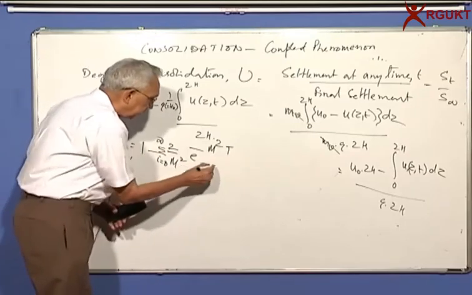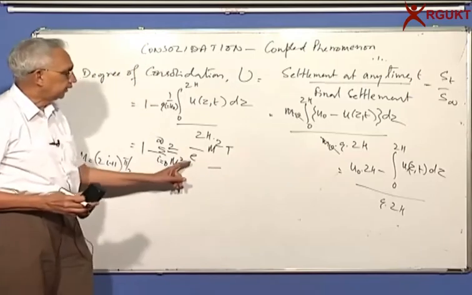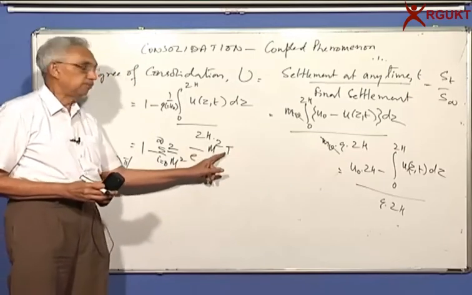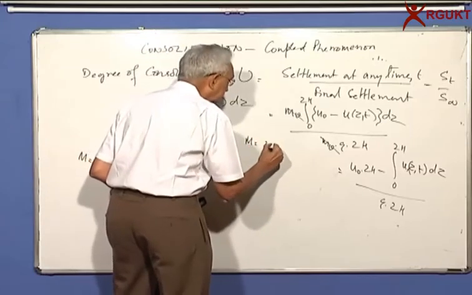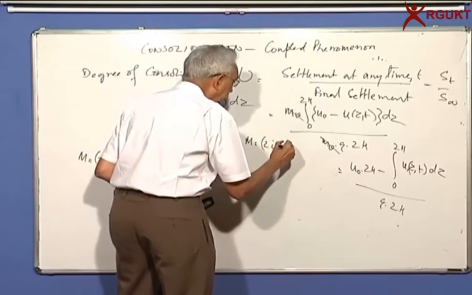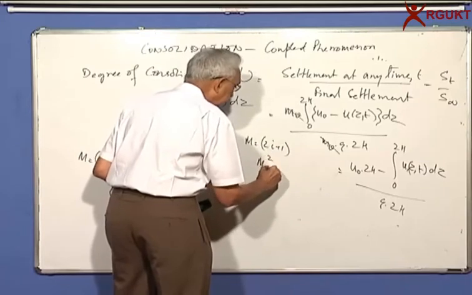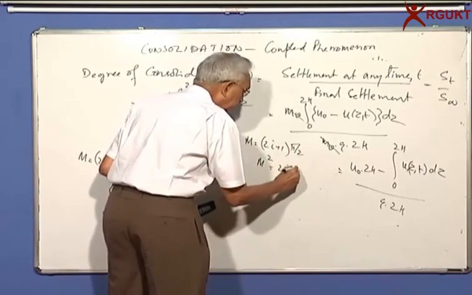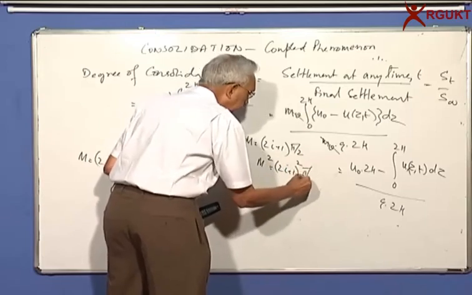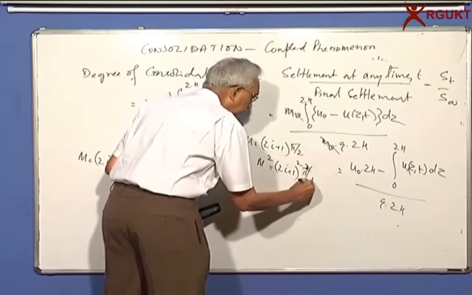What you find here is a very interesting thing. This is e to the power of minus m square t. Look at m is equal to 2i plus 1 into pi by 2, so m square becomes 2i plus 1 whole square pi square by 4.